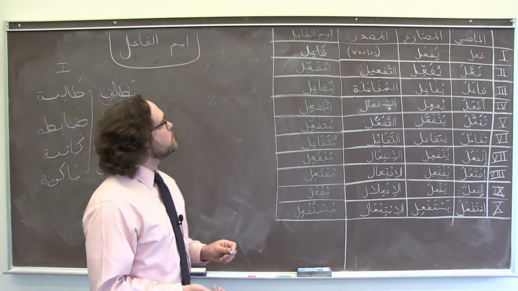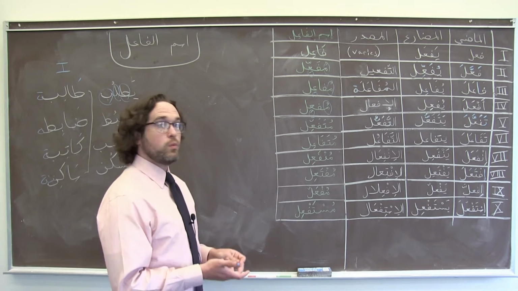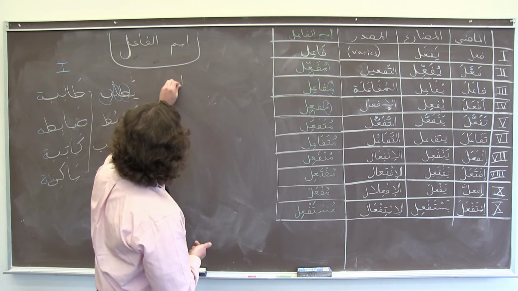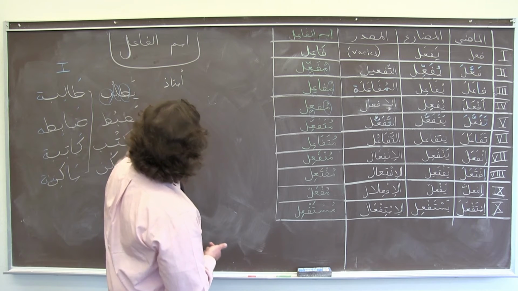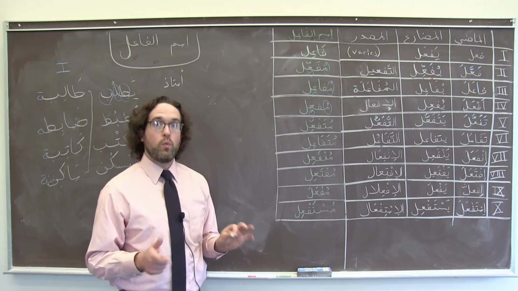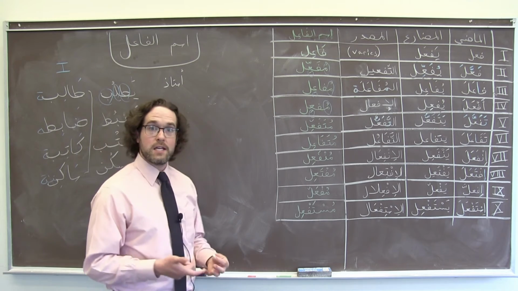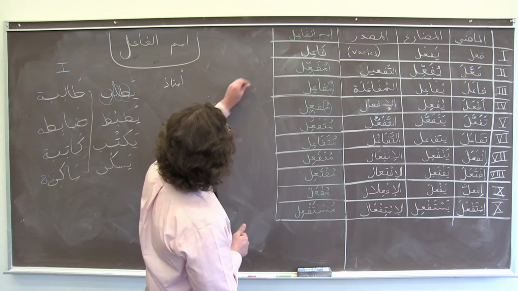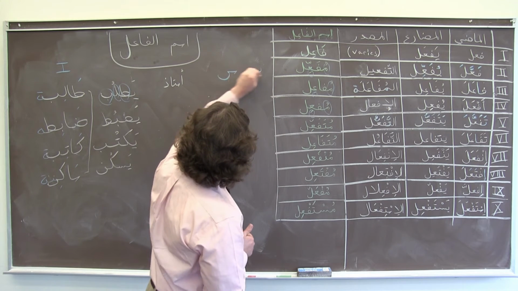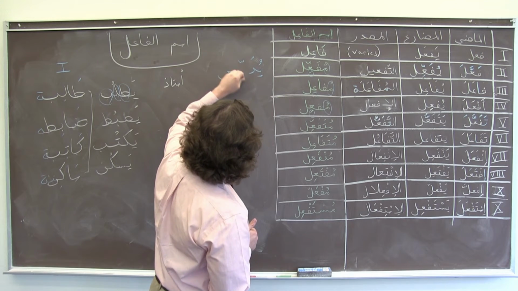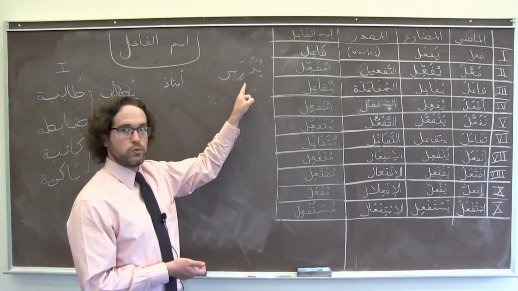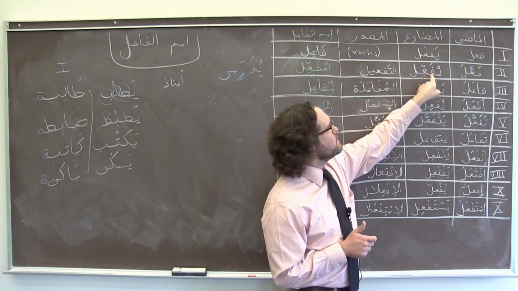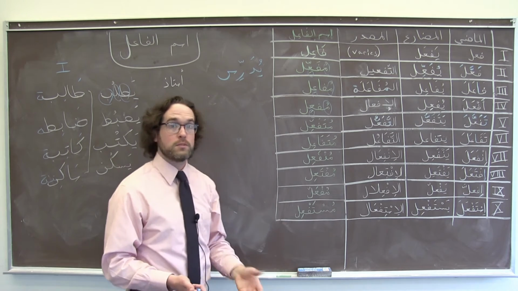So let's take a look at a couple of examples. We know one word for a person who teaches, an ustad, right? A professor. But if we just wanted to talk about a teacher, one who teaches, we could create an ism fa'il from that same pattern, taking the verb yudarris. Now I can tell yudarris is Form 2, right? Because of the vowels and because of that shadda, I can recognize that it sounds just like all the other Form 2 verbs on earth.